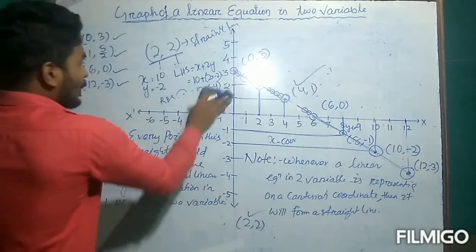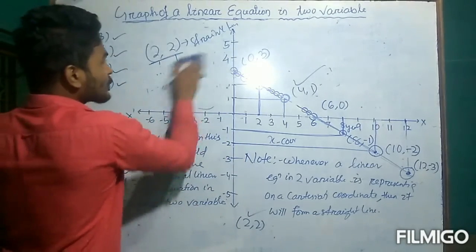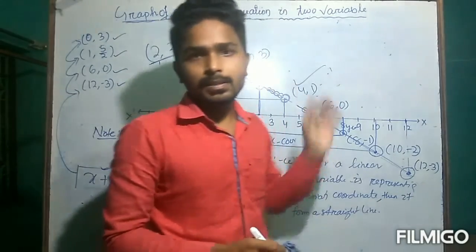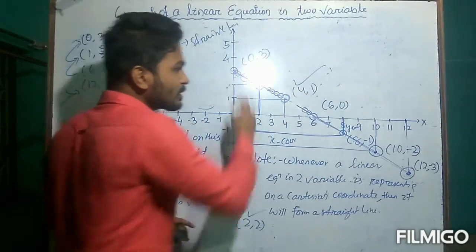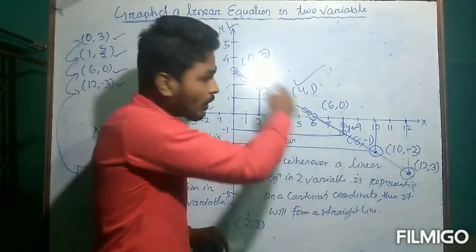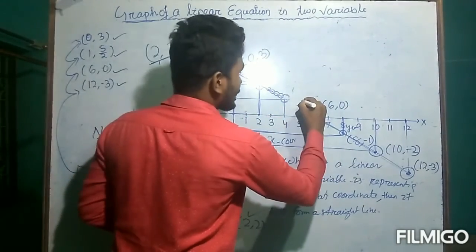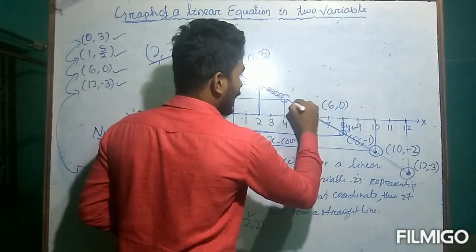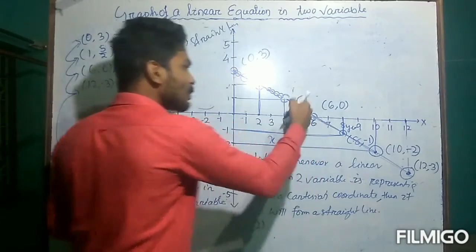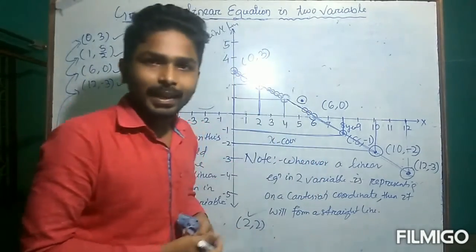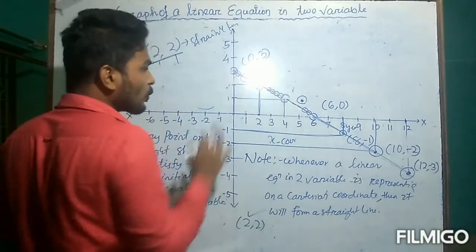Now next thing. Suppose there is a point which does not lie on this straight line. I am taking this point. Does this point lie on the straight line? No, it doesn't. It lies just above the straight line. Then can you find the coordinate of this point?